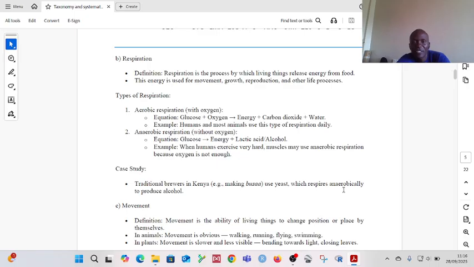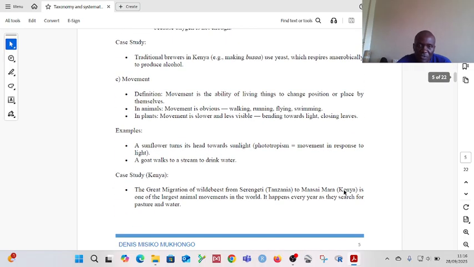An application of this: there are people who make traditional brew, which they call busaa. They use yeast. Yeast respires anaerobically to produce alcohol.